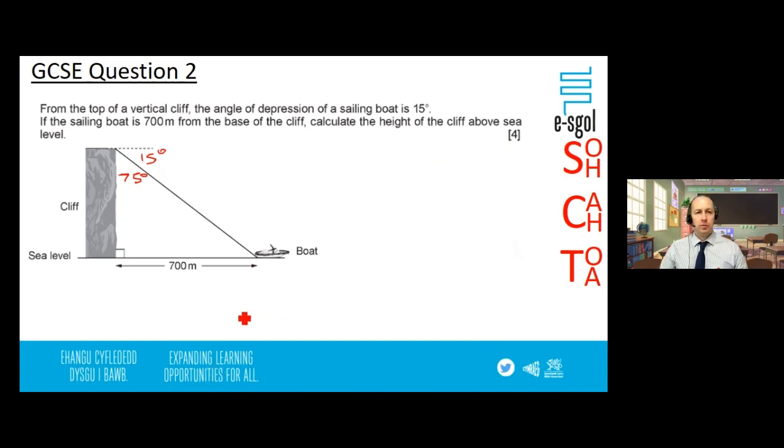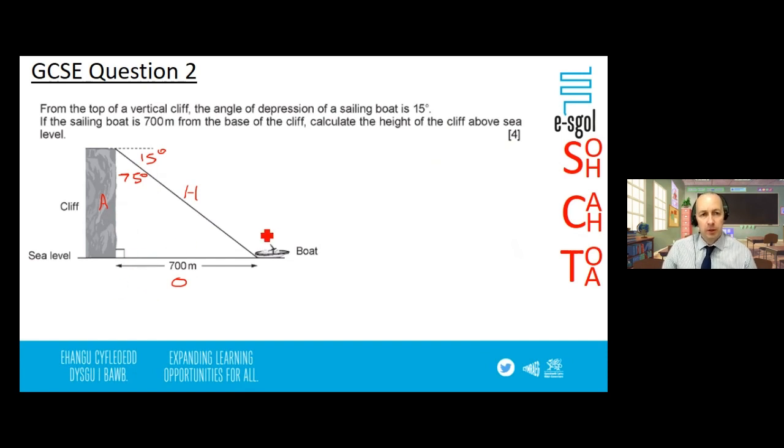Okay, so hopefully you've had a go at that. Let's do some labeling. I definitely think this is going to be the hypotenuse. This side here is going to be the opposite because it is opposite the angle. And this side here going straight up is going to be the adjacent side, A for adjacent.